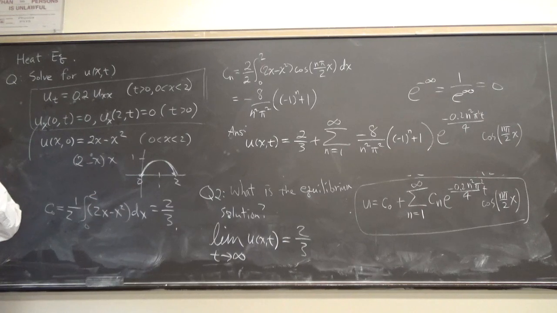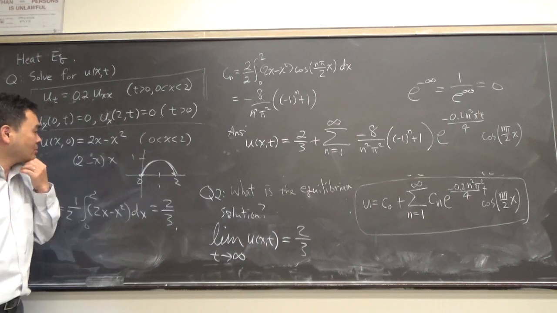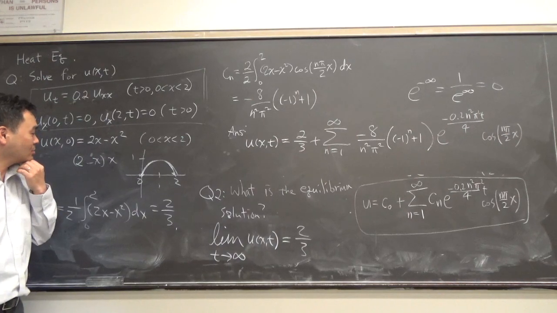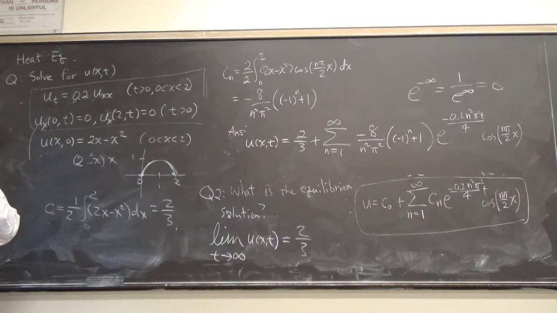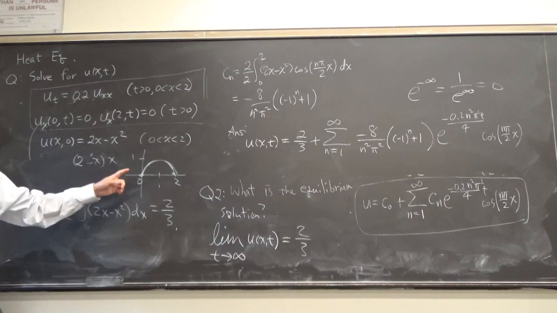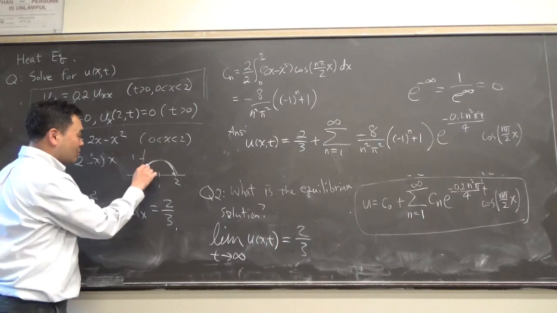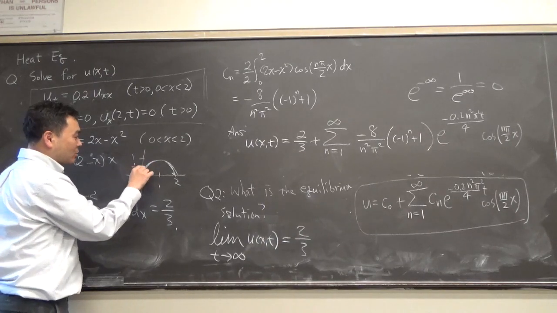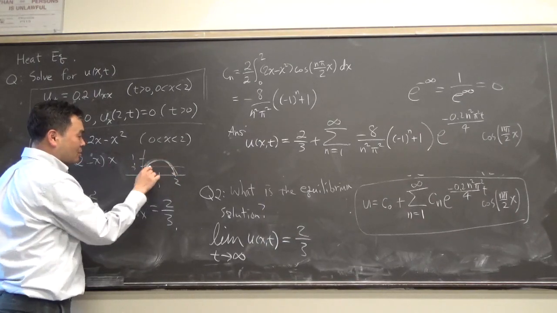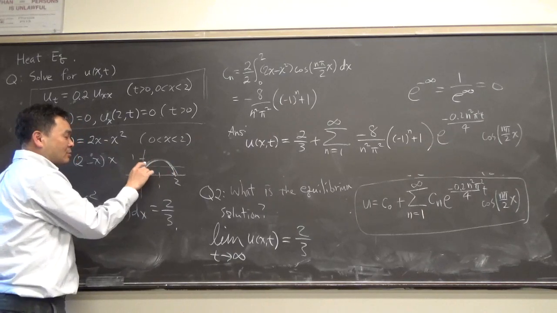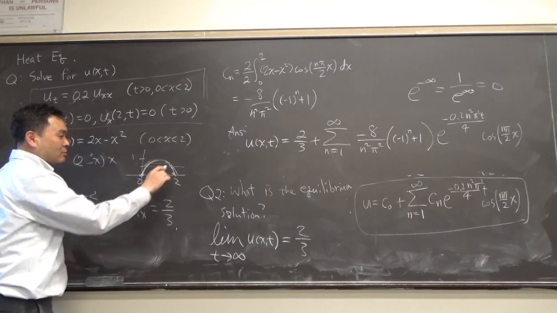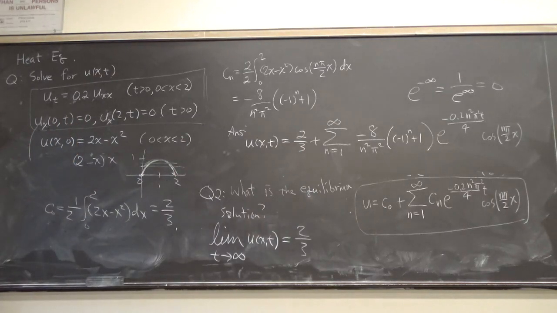Wait, so it's 2/3. Seems to me it has to be 1/3? No, more. If you put 1/2, you see there are more locations above 1/2, so the average heat will be above 1/2. Okay.